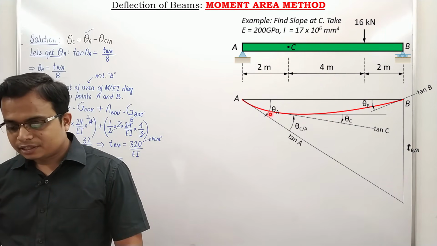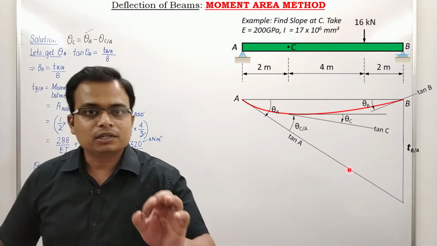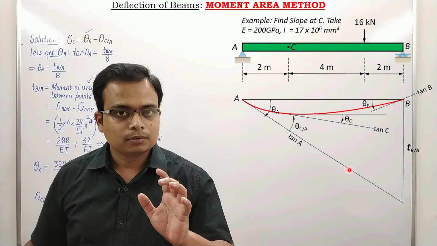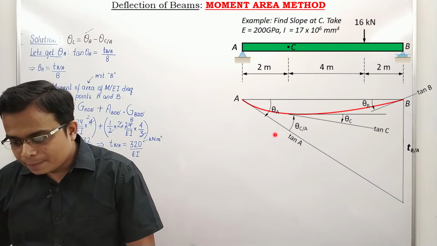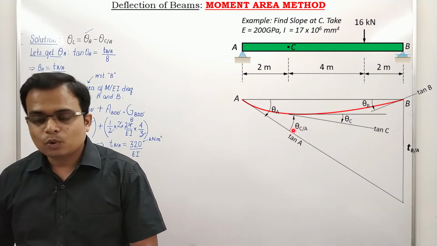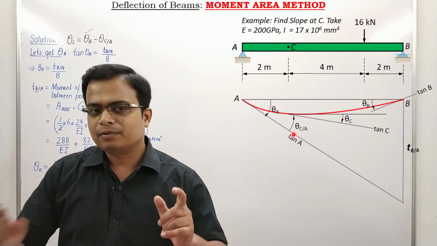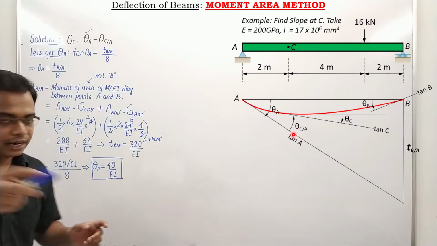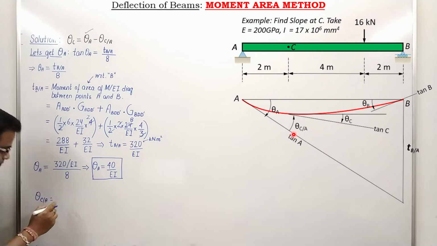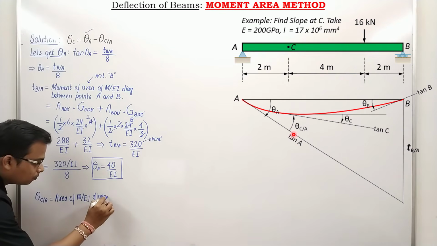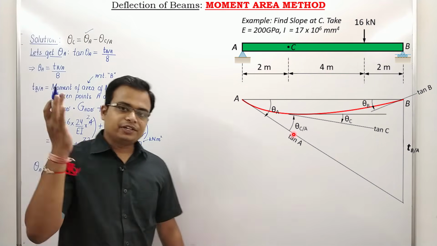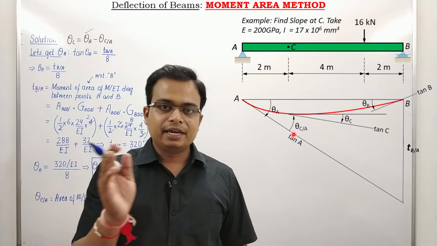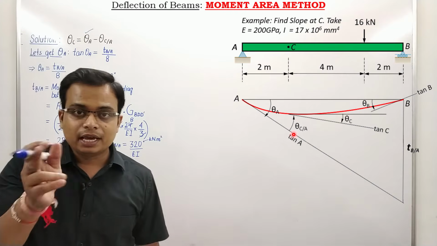The angle that the tangent at C makes with respect to A equals the area under the M over EI diagram between those same points, that is A and C. Let us write this statement first. So my only wish is to calculate the area between A and C from the M over EI diagram.